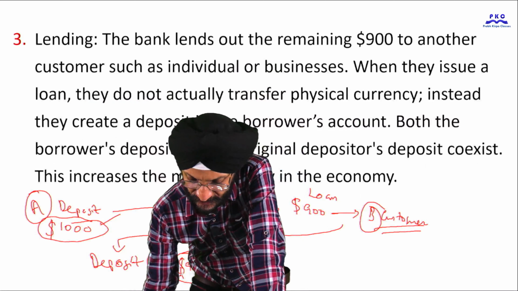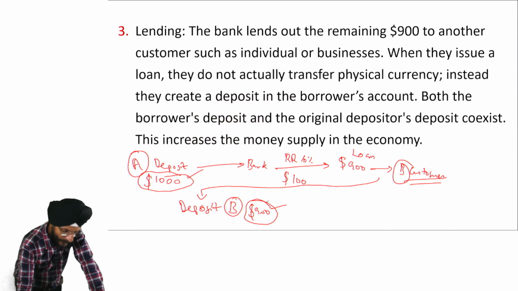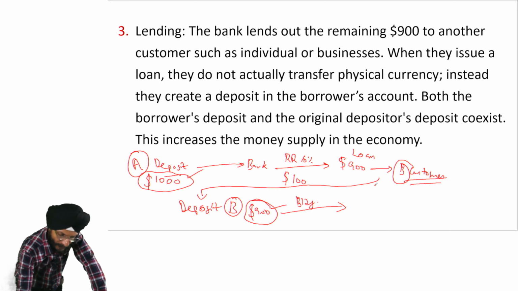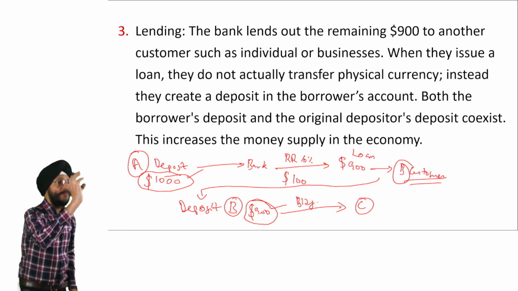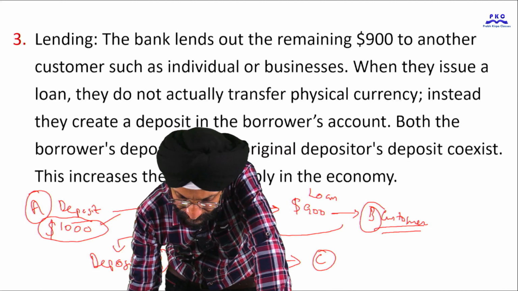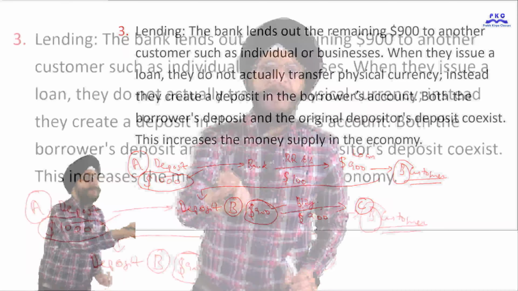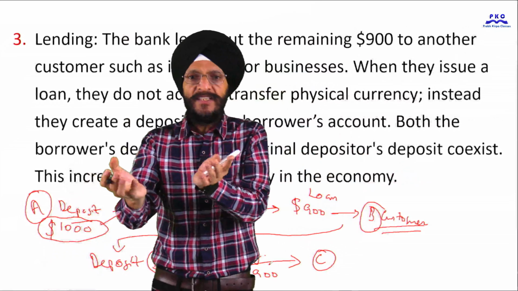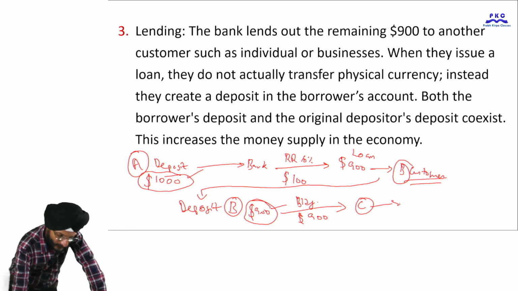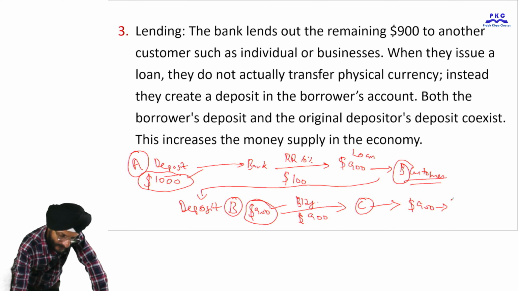Suppose now this amount is deposited in the name of B. So it is possible that this customer purchases some building from a person named C, and this whole amount is given as purchase money. Now the seller C has received this $900. So this C will deposit it in another bank, say bank X.